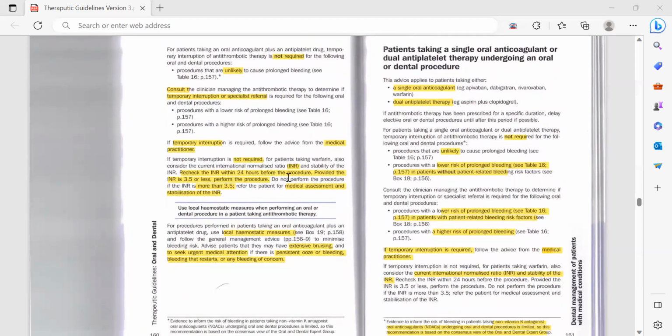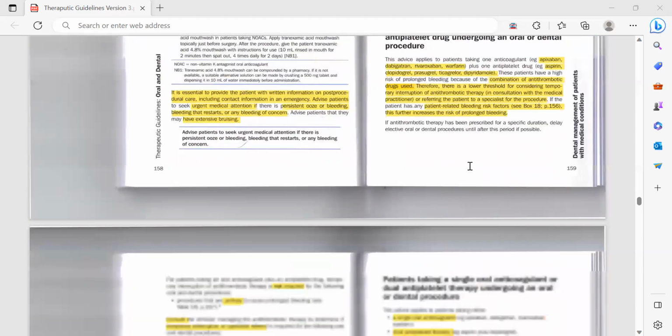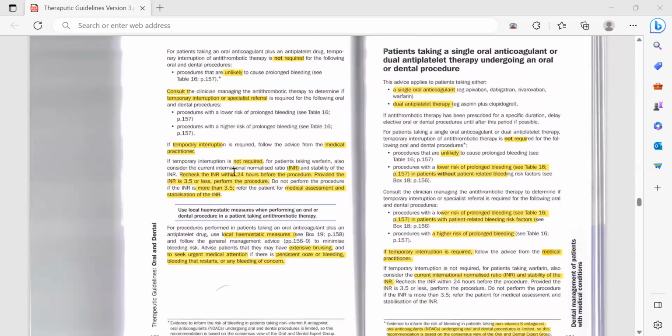Here we are reading one anticoagulant. If the patient is taking warfarin as the anticoagulant, we need to consider the INR test as well. The INR test should be done 24 hours before the procedure, and provided the INR is 3.5 or less, you can perform the procedure.